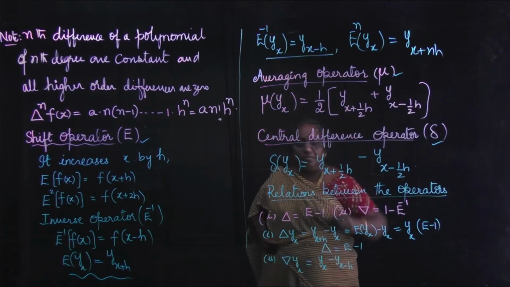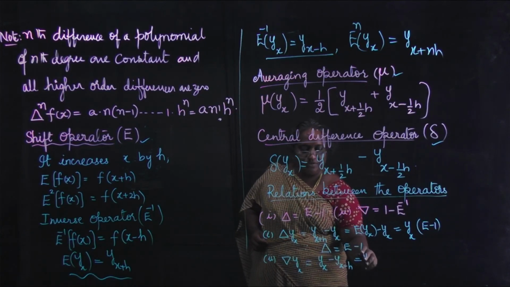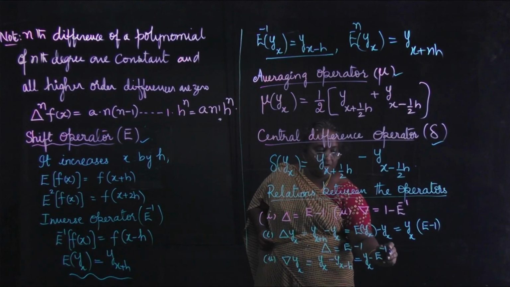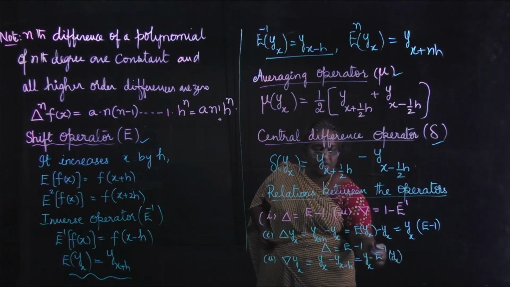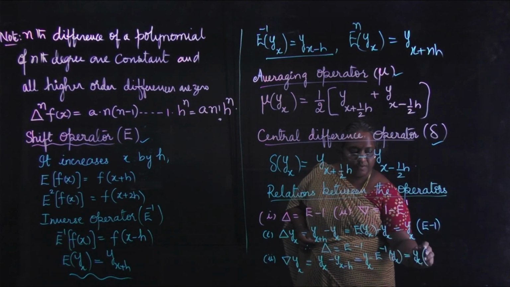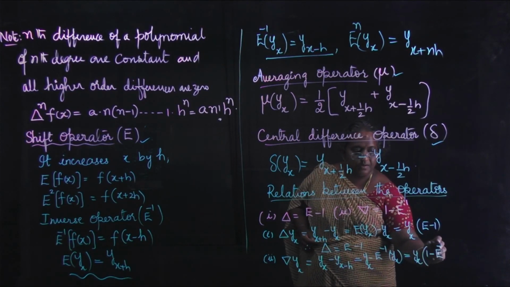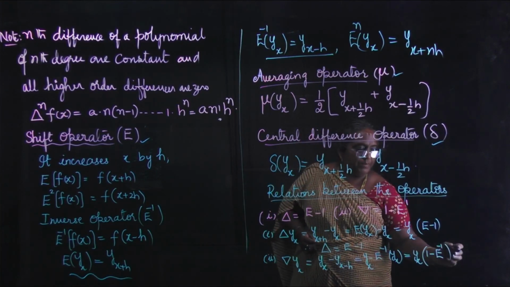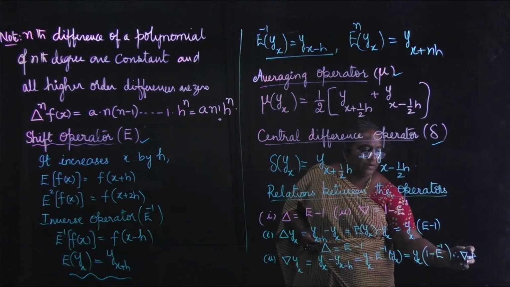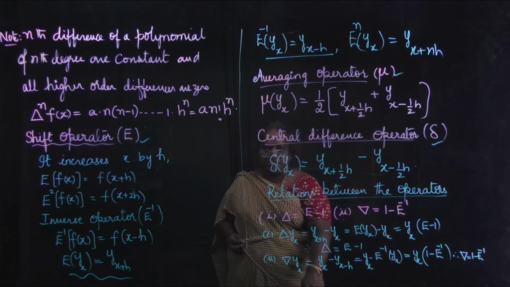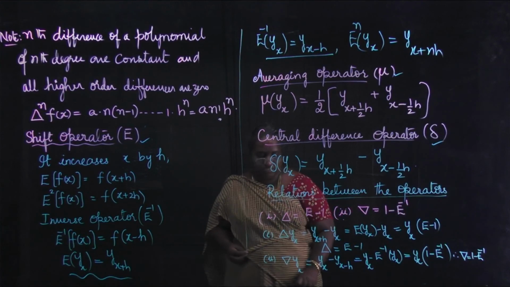It is nothing but E inverse of y x. So we have y x minus E inverse of y x. If I take out y x, this is y x into 1 minus E to the power minus 1. Therefore, the backward operator is equal to 1 minus E to the power minus 1. So this is about the operators. We have some more relations, we will see.